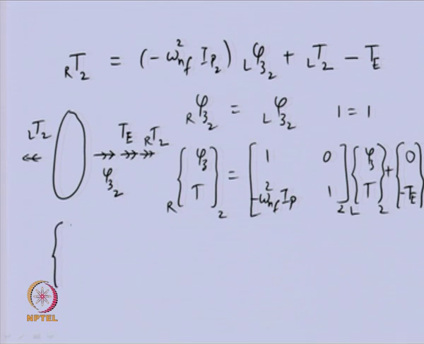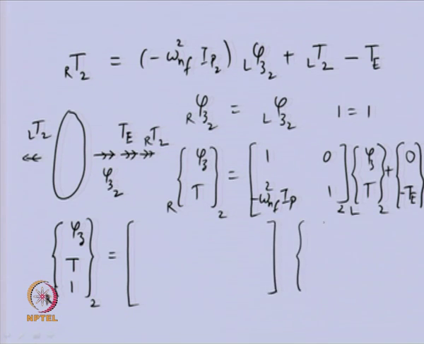So, we have this and this as field variables, and we want to add an identity equation as the third one, because this will not affect our analysis, but it will be convenient in handling the transfer matrix. So, here also we will have phi z, T and 1. Basically the last equation is nothing but 1 is equal to 1.